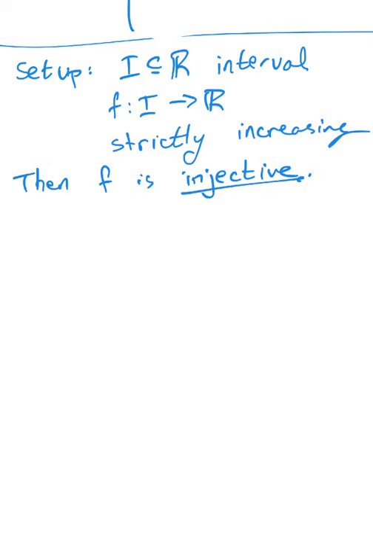If we had f of x1 equals f of x2, how could that happen if x1 and x2 were not the same? One of them would have to be less than the other, but then the definition of strictly increasing says that one of the f values has to be less than the other f value.